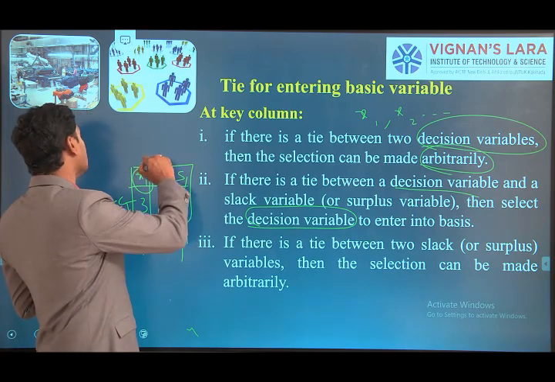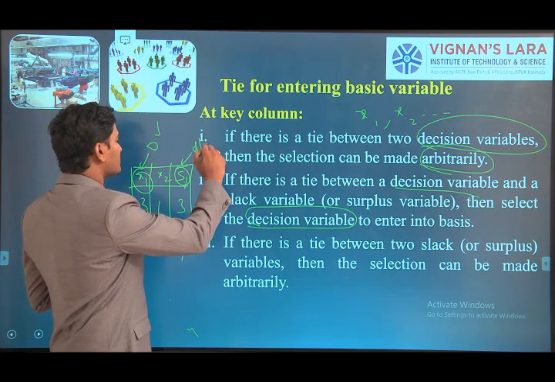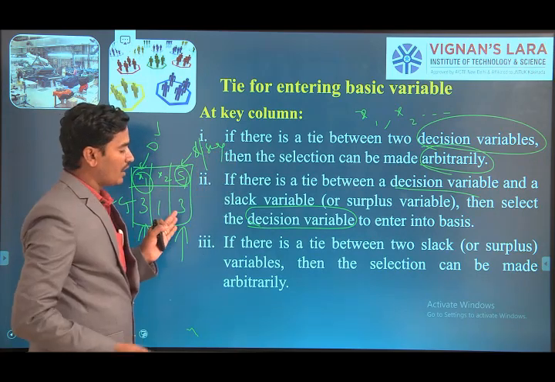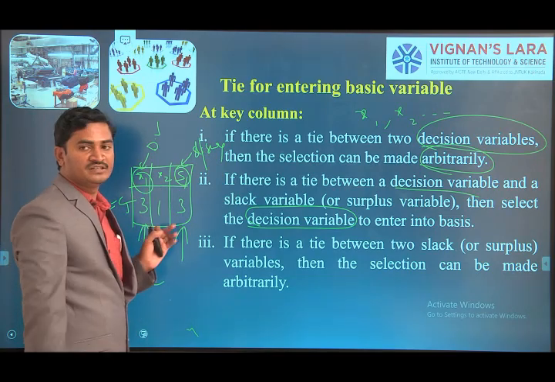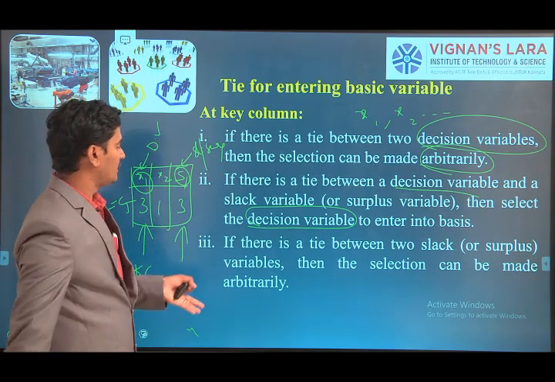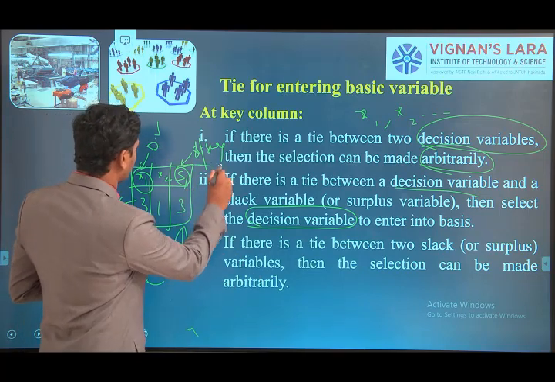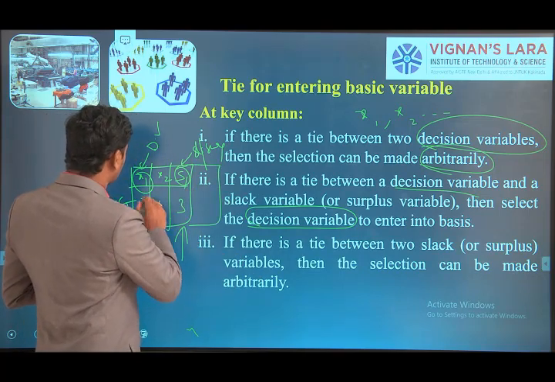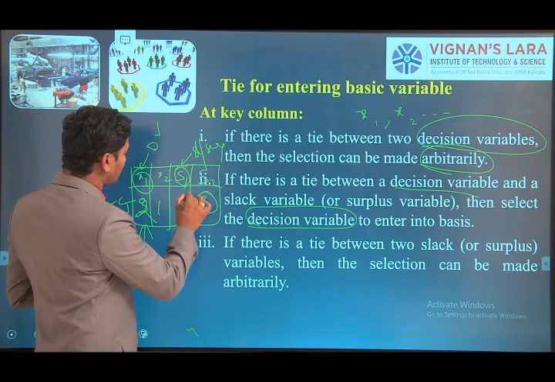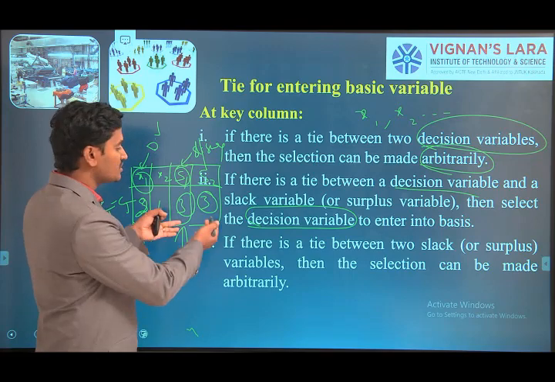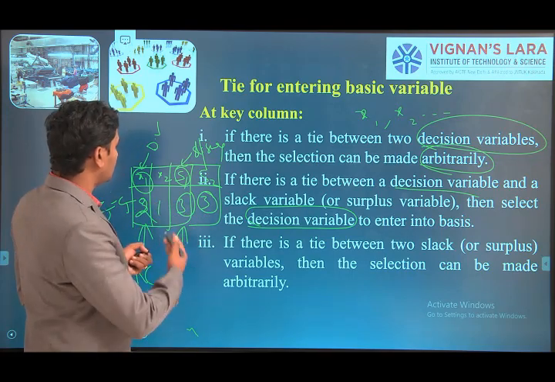Here x1 is the decision variable and s1 is the slack or surplus variable. From this we take the decision variable column as the key column. Third, if there is a tie between two slack or surplus variables, say s1 is 2 and s2 is 3, we can choose any one of these. These are the 3 rules.